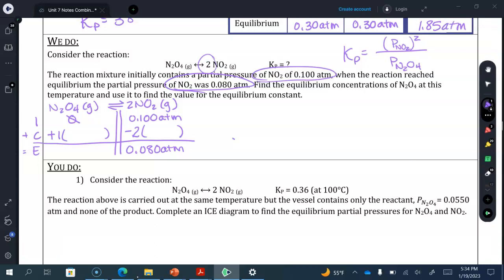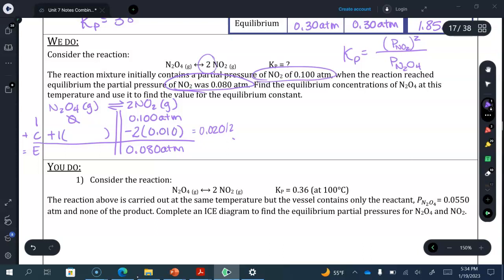So 0.1 minus 2 times something gives me 0.080. That means 2 times something gives me this value, so I'm going to divide this by 2 to give me 0.010.